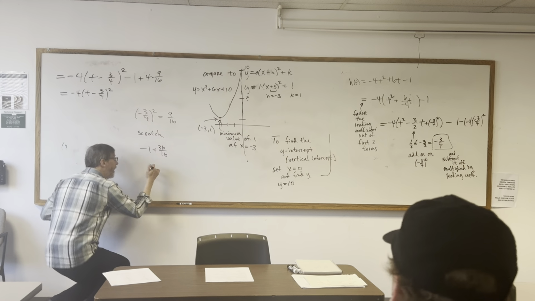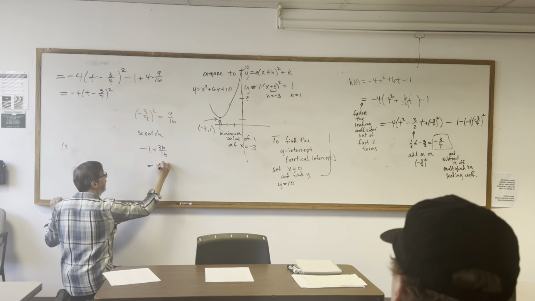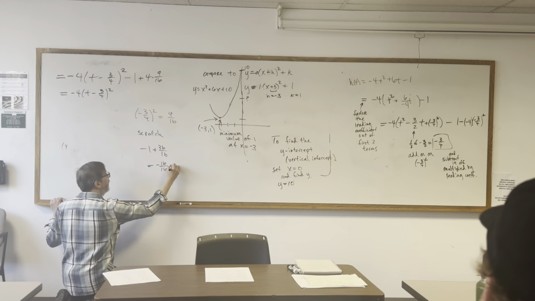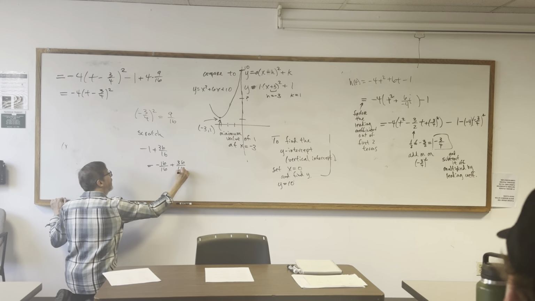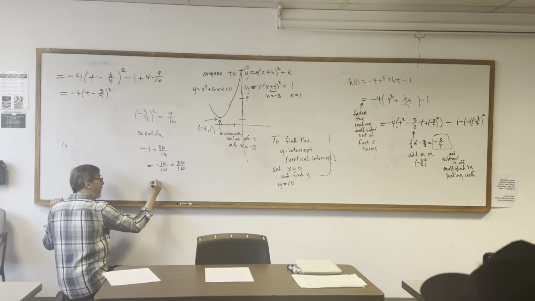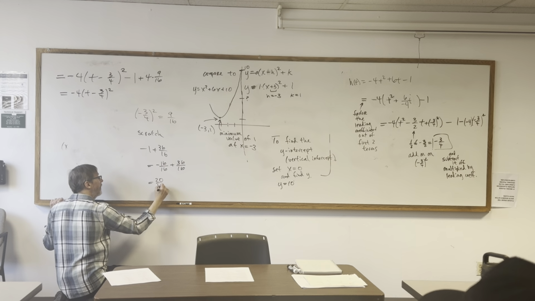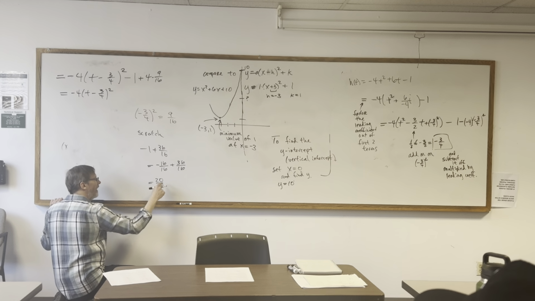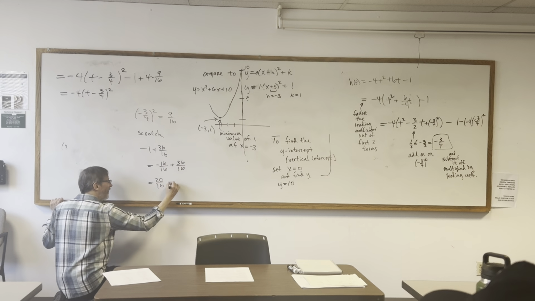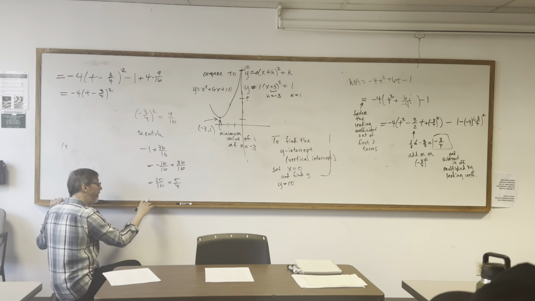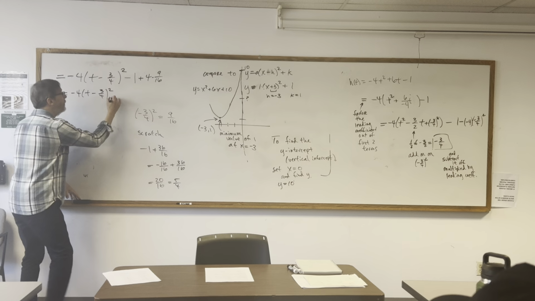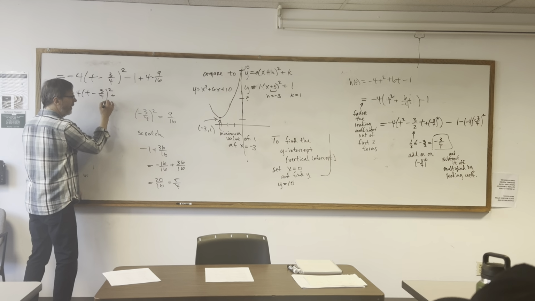Get a common denominator. So I'm going to turn that into 16/16. I got a positive 20/16 in the end, and if I simplify, that's 5/4. So not too bad. So this just becomes a plus 5/4 out here.